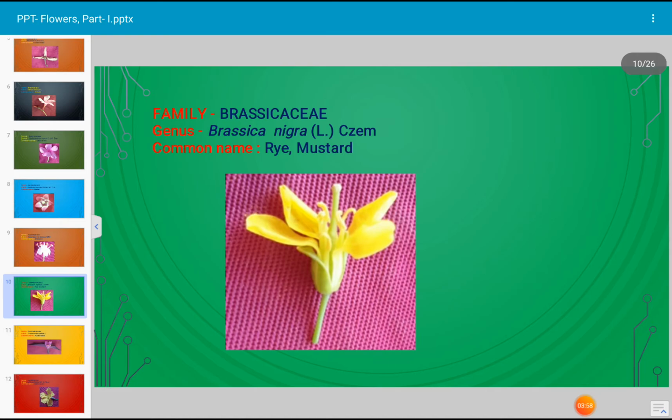Next. This is the flower of Brassica nigra. Its common name is rye or mustard, its family is Brassicaceae, and the seeds are used as spice. Next.